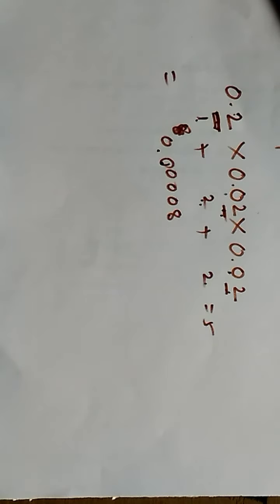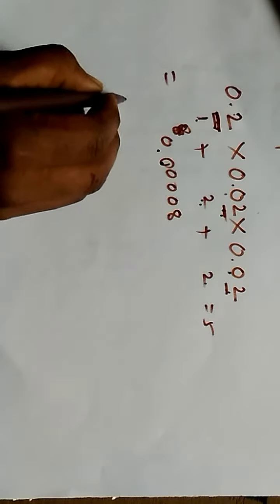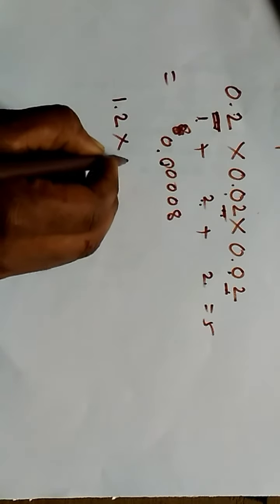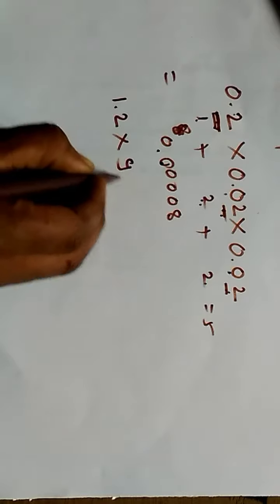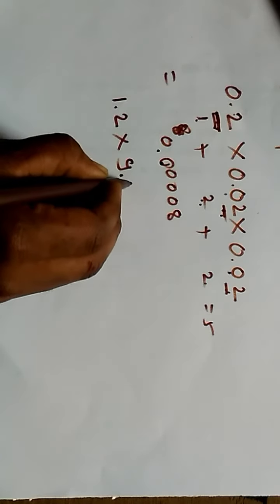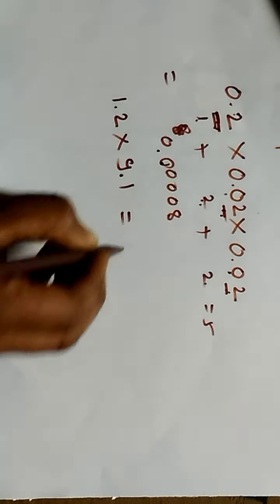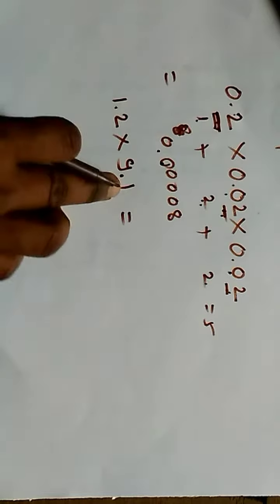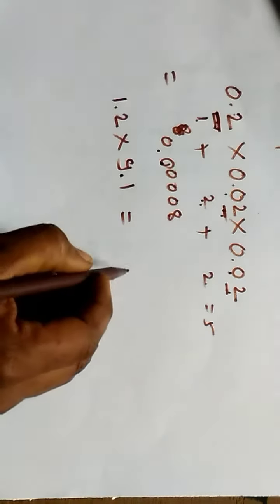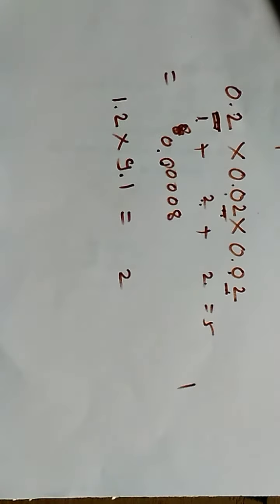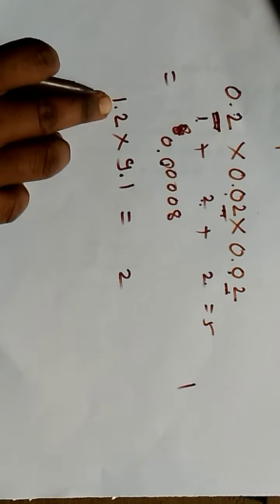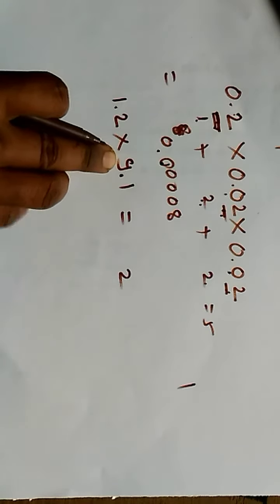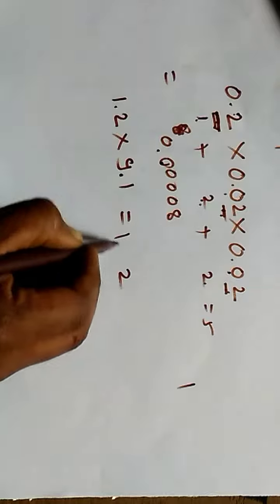As well, we take another example: 1.2 into 9.1. So we first calculate 12 into 91. 12 ones are 12, carry 1. 12 9s are 108 plus 1, that is 109.